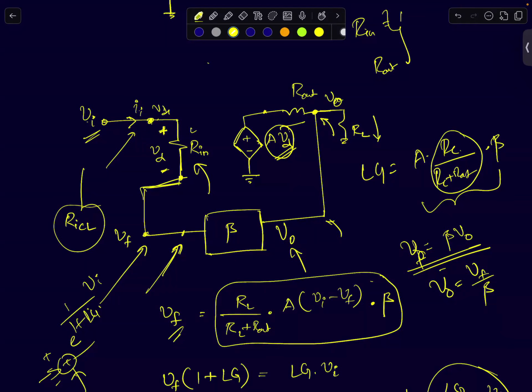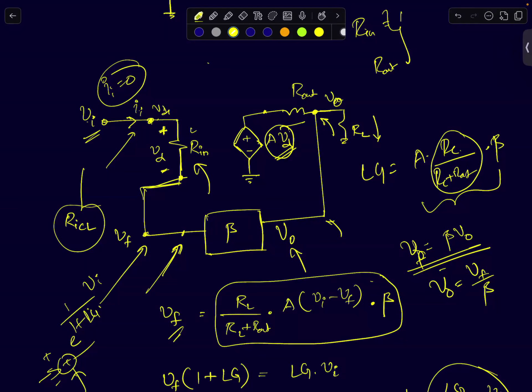What do you think? Yeah, the value of Ii will be 0. Now, I've already discussed the mathematical intuitions. Can you guess intuitively why Ii should be 0? Of course, we can derive mathematical equations and prove that Rin is 1 plus A beta times this.